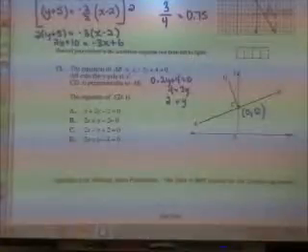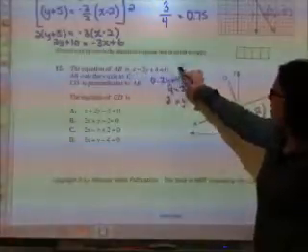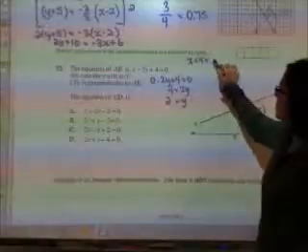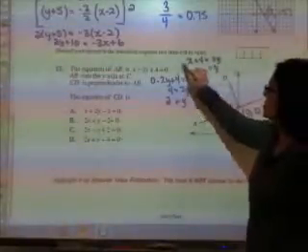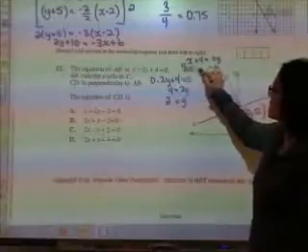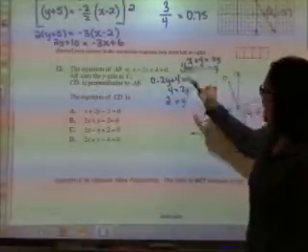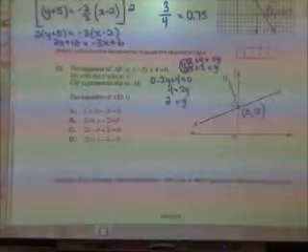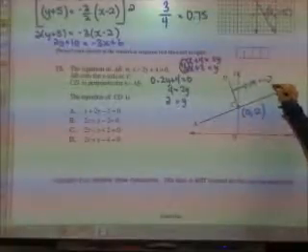And then the next part, if I take this equation and figure out the slope of that equation, I get x plus 4 equals 2y. Divide by 2 and I get 1/2 x plus 2. So my slope is 1/2. So what's my perpendicular slope? Negative 2. So the slope of my line CD would be negative 2.